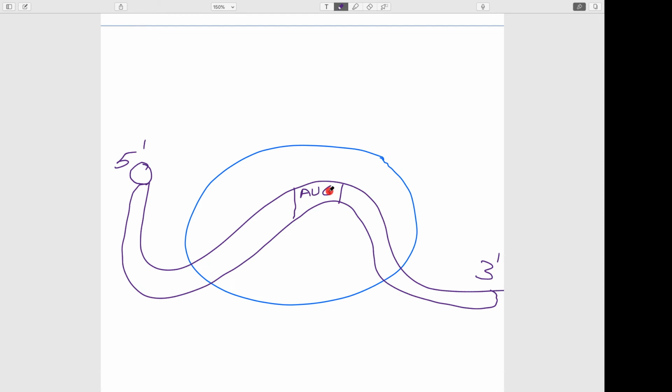Then I will go on writing various factors. First the transfer RNA methionine, then the presence of EIF2 and GTP.